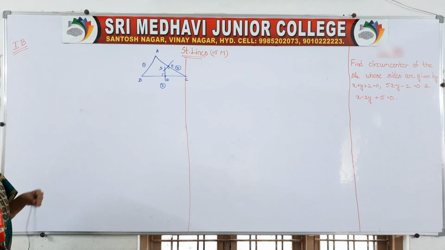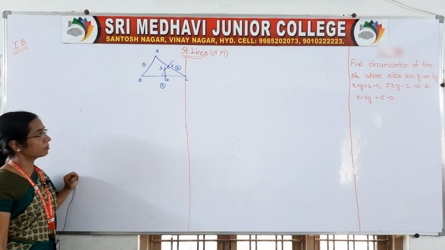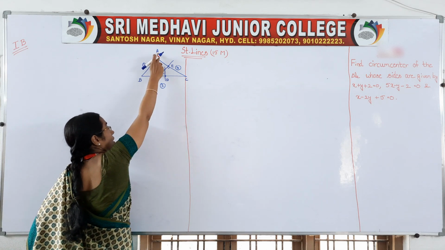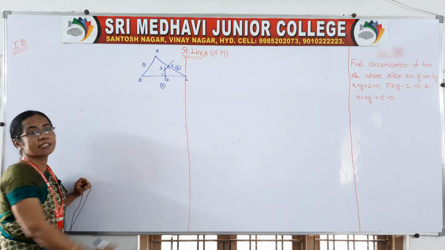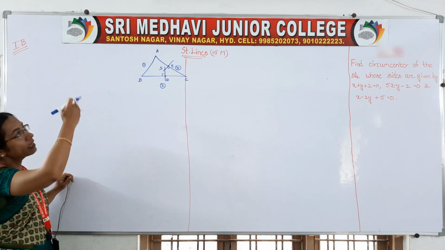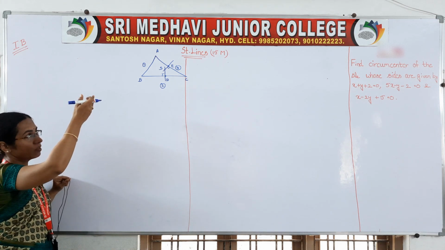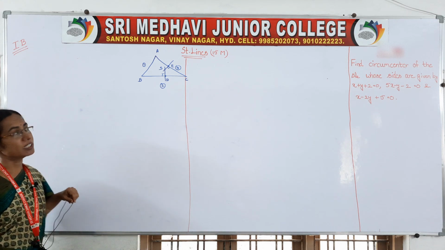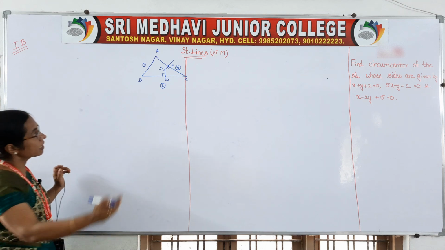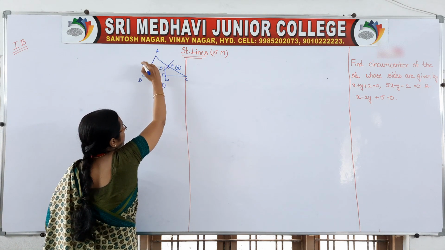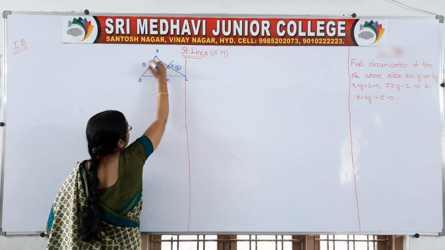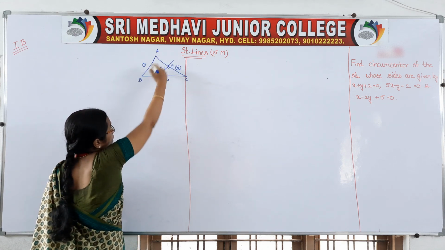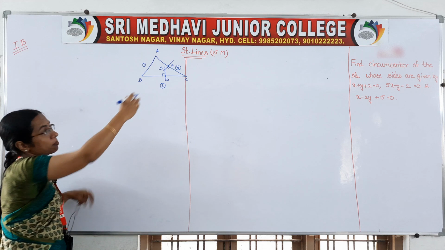Previously we got the 3 vertices, now we got 3 lines. So how do we find it when 3 lines are given? Simple, you find the 3 vertices. If you find the 3 vertices of the triangle, we can easily find the circumcenter. How do we find the 3 vertices? Your point A is the point of intersection of AB and AC.